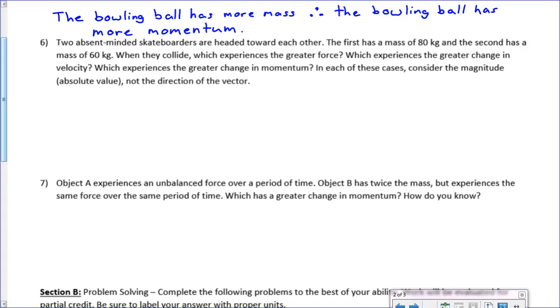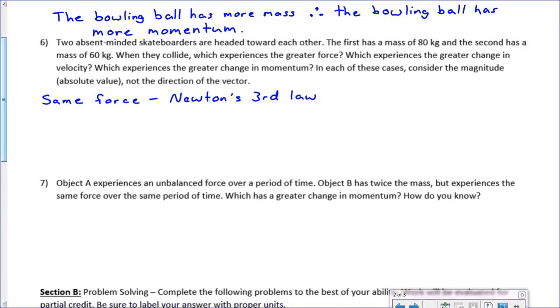So this one, a couple things. First of all, they have the same force, and the reason for this is Newton's third law, which says that if two objects are pushing against each other, they're pushing with the same force. You can't have one pushing more on the other one.